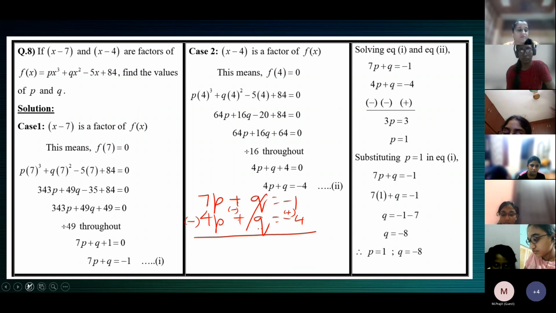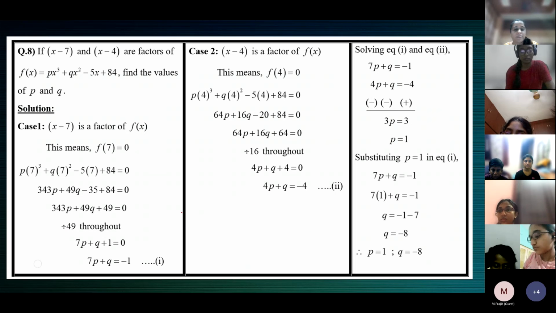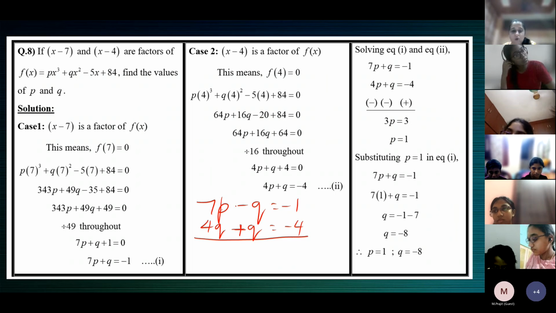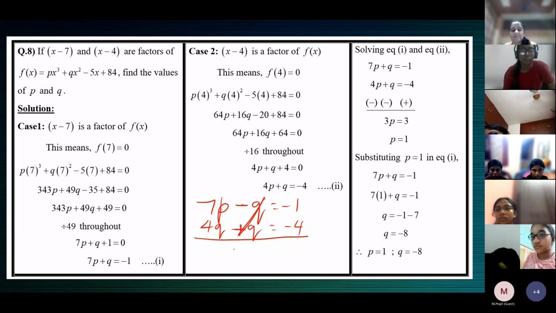Now supposing, just take this situation. Supposing you had 7p minus q is equal to minus 1, and the other one, 4p plus q is equal to minus 4. Here you should not change the signs, because it's already minus q plus q, so you can cancel that. So q is eliminated.